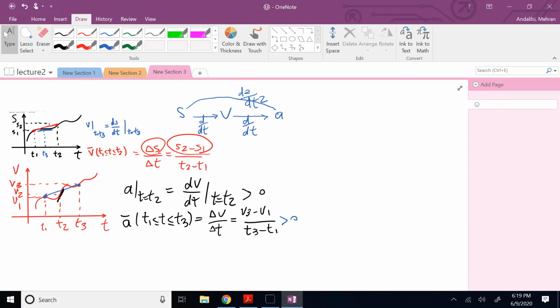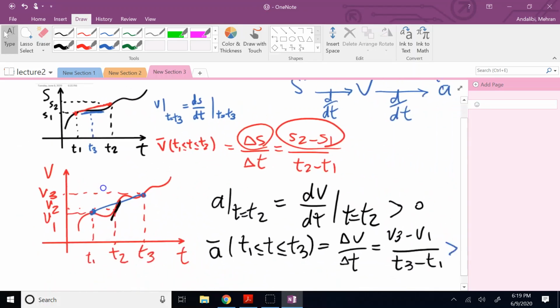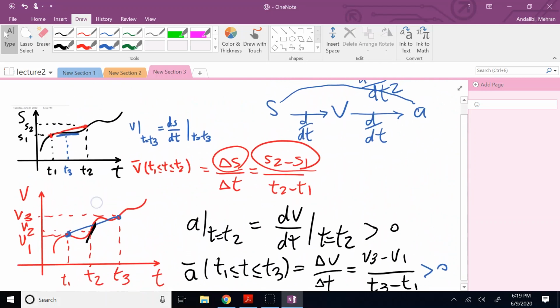If I ask you at this point, let's say t1, what is the sign of acceleration? We cannot easily find the magnitude, but what is the sign of acceleration at t1 for this black graph? Well, you just look at the curvature. You see the curvature is down, so it is what? Negative.